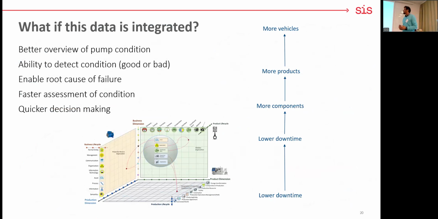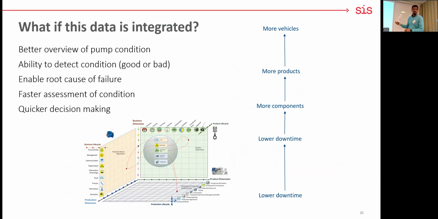So what if we leverage this into a more data-integrated approach? If you look at the lower stage, if you're able to monitor the condition of the pump better, we can assess the decision: should we take preventive action or corrective action?